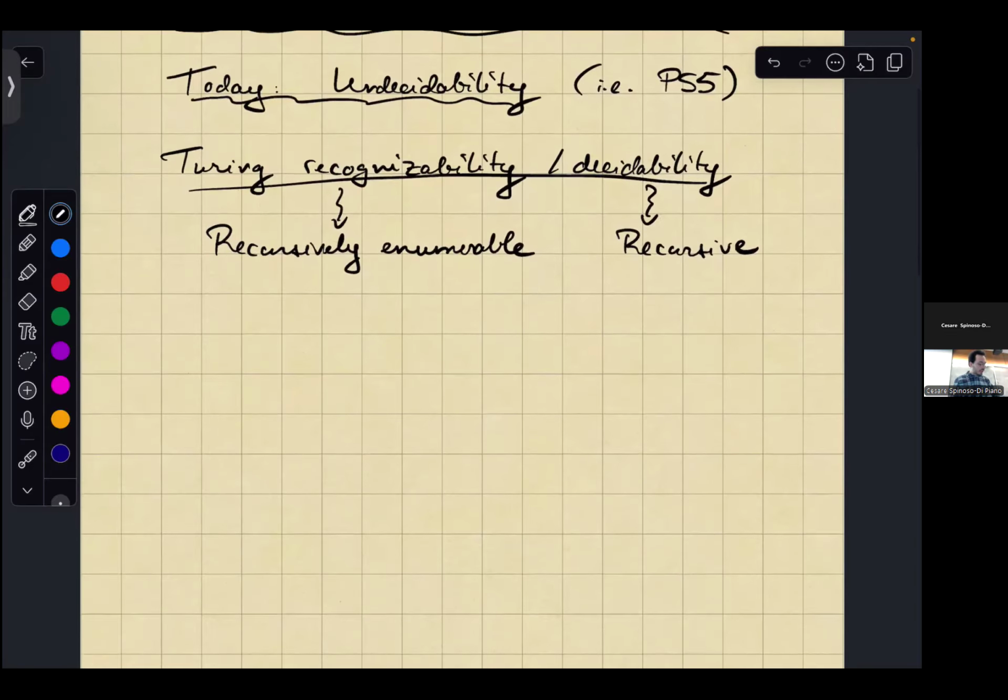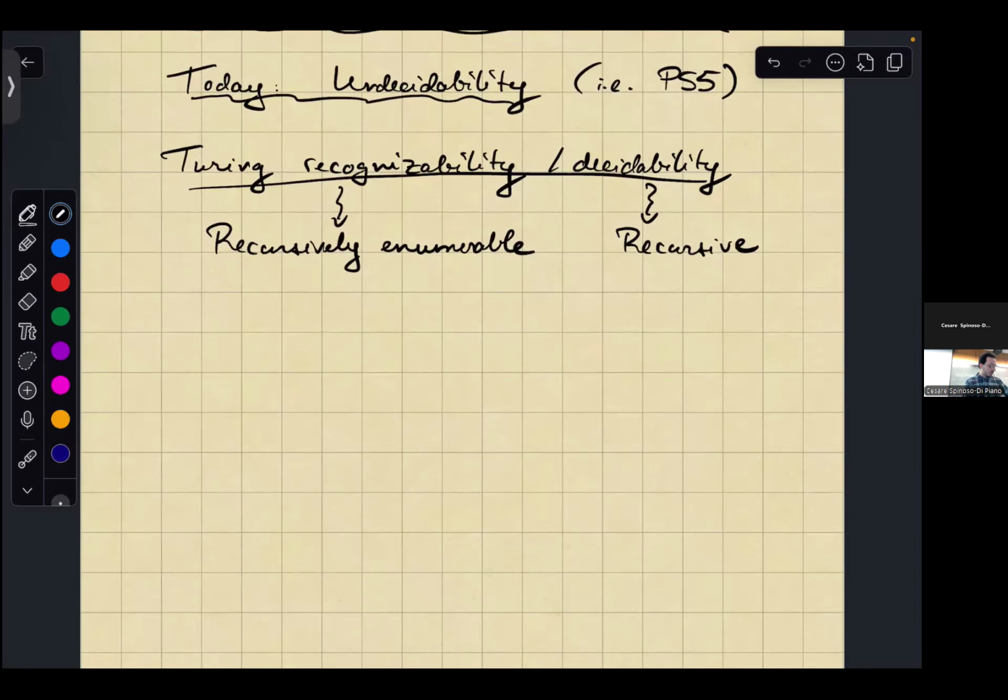And so just as a reminder slash a review, what is Turing recognizability and decidability? Let me give you two quick definitions.